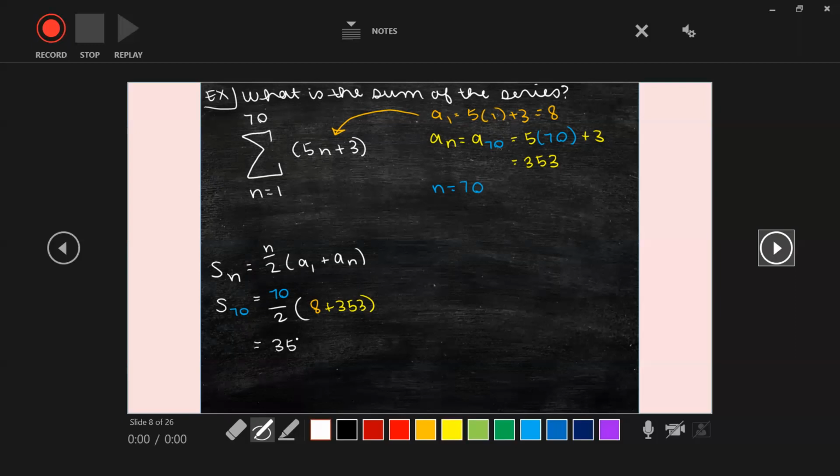So I'm going to have 35 times 361. And what is that going to be? Anyone, once you have it? So 12,635. And what does that mean? It's the sum of the series. So you follow these?